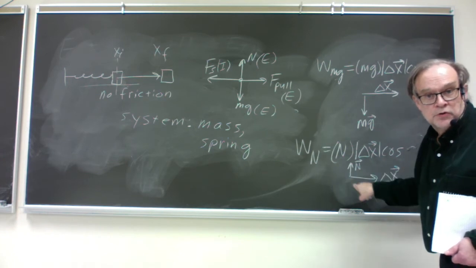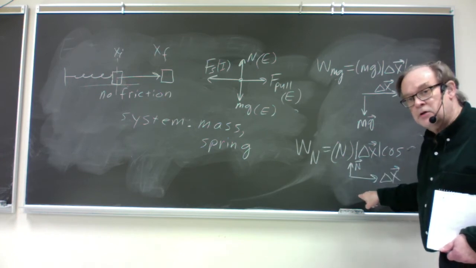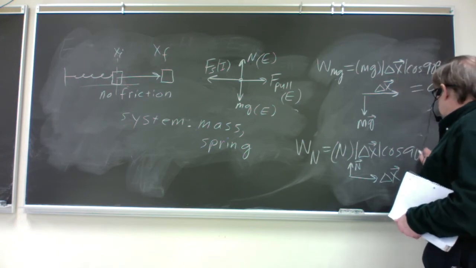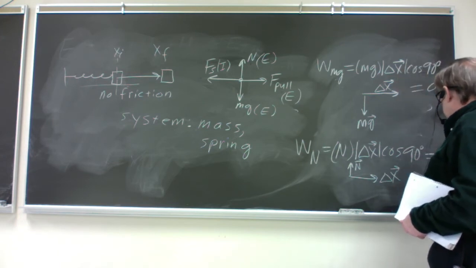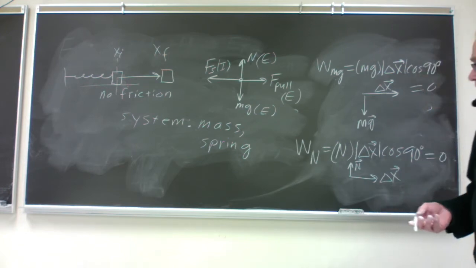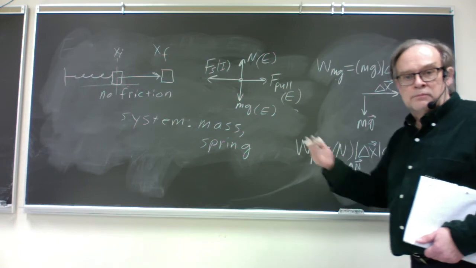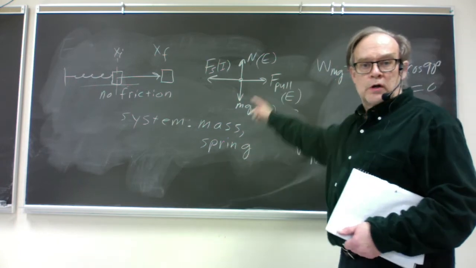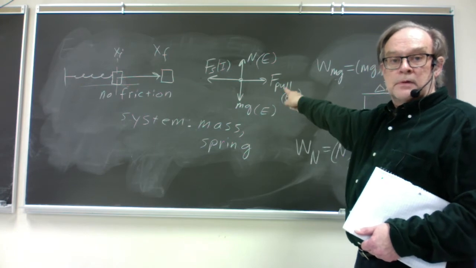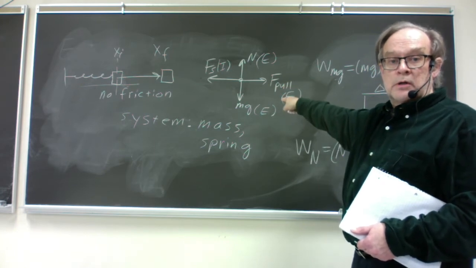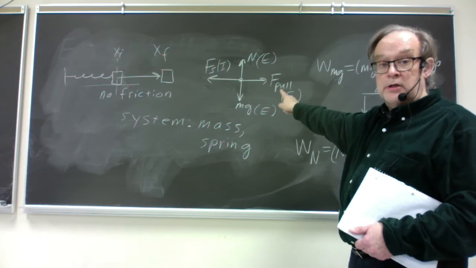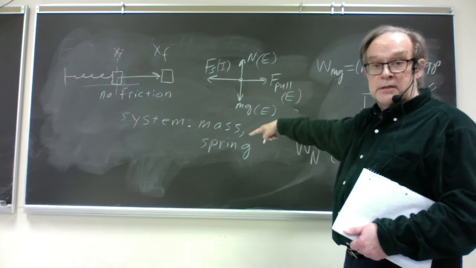The force is vertical, the displacement is horizontal, so the angle between them is 90 degrees. And again, you've got cosine of 90 degrees, which comes out to 0 again. So two of those external forces do no work. This one, however, does do work. It'll be positive work. In other words, this force doing work will give energy to the mass spring system.